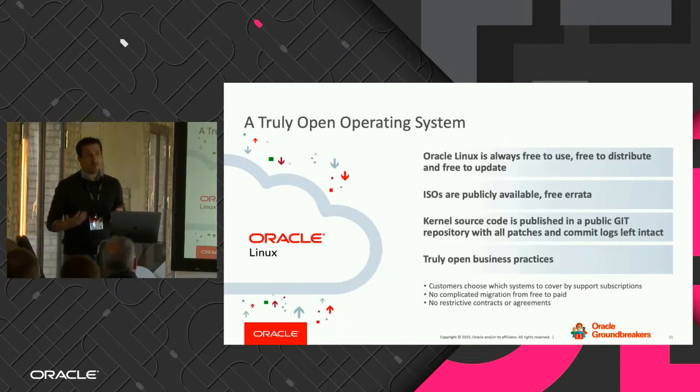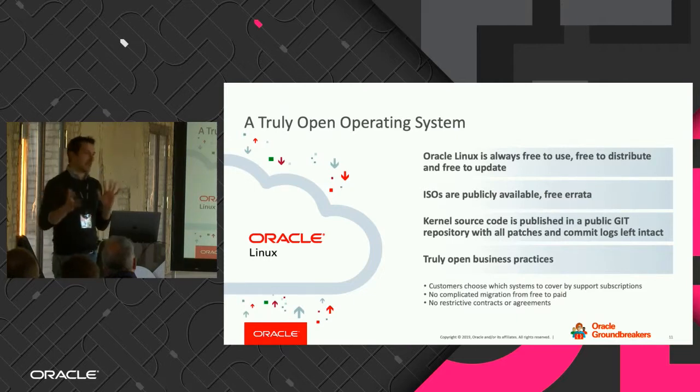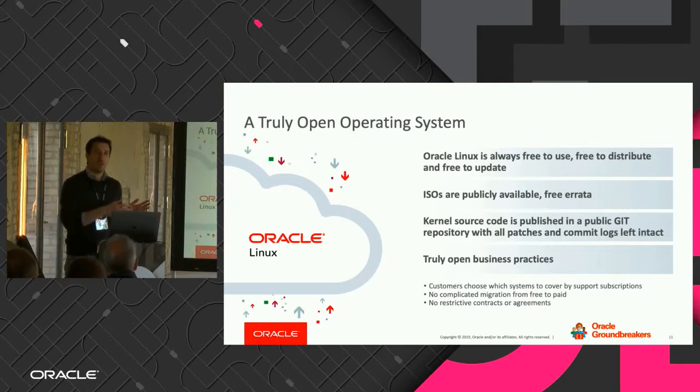I can decide, for example, to get the Oracle support only for the production environment, and they have the same updates, the same packages, the same things as all the other environments. So, just to be clear, I do not need to use CentOS on development and Red Hat on production. I can use the same on all environments and decide where to get the support from Oracle.